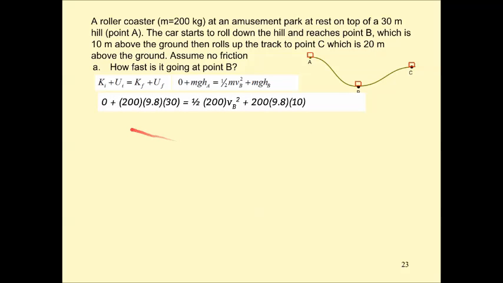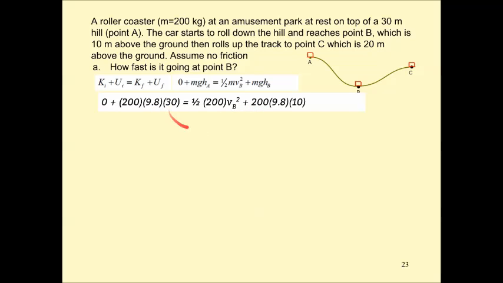So we plug in the numbers, and we have 0 still hangs in there. So we have 200 times 9.8 times 30. That'll be the mgh at the beginning, equals 1/2 times 200 times velocity squared at B plus 200 times 9.8 times 10. Obviously you can see that 200 is a factor in all of those. So you could take those out, eliminate those.